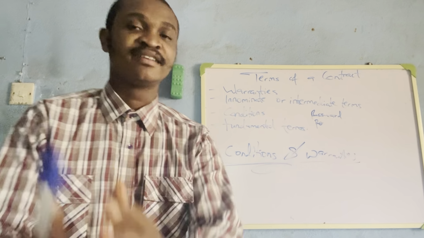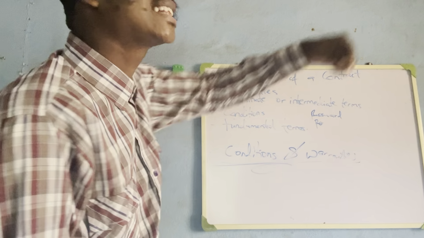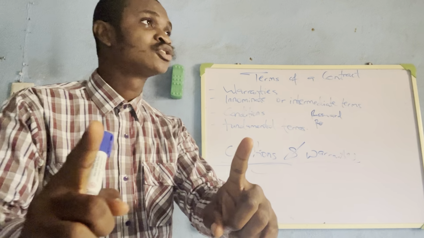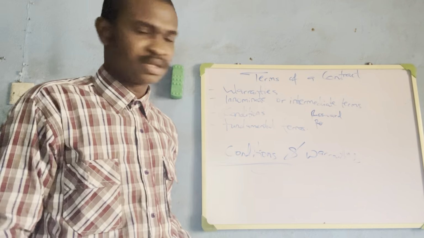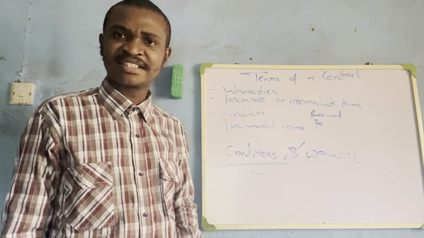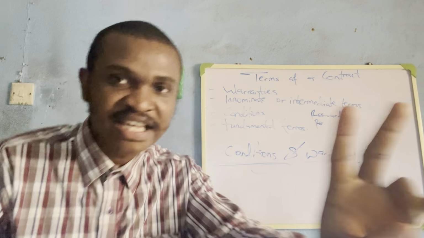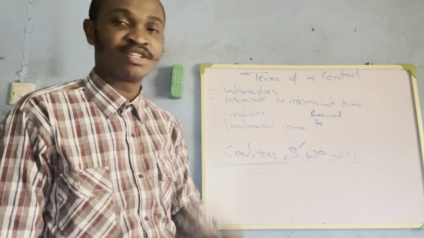Now, if you say that the actress's breach is a breach of condition, then you are right. Because it was more serious than the other person that just attended 2 days rehearsal and started from the beginning of the program to perform.